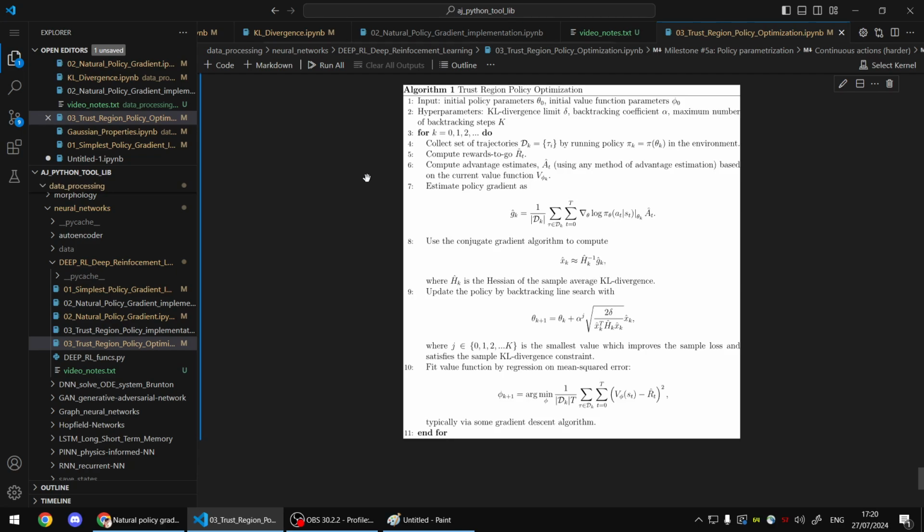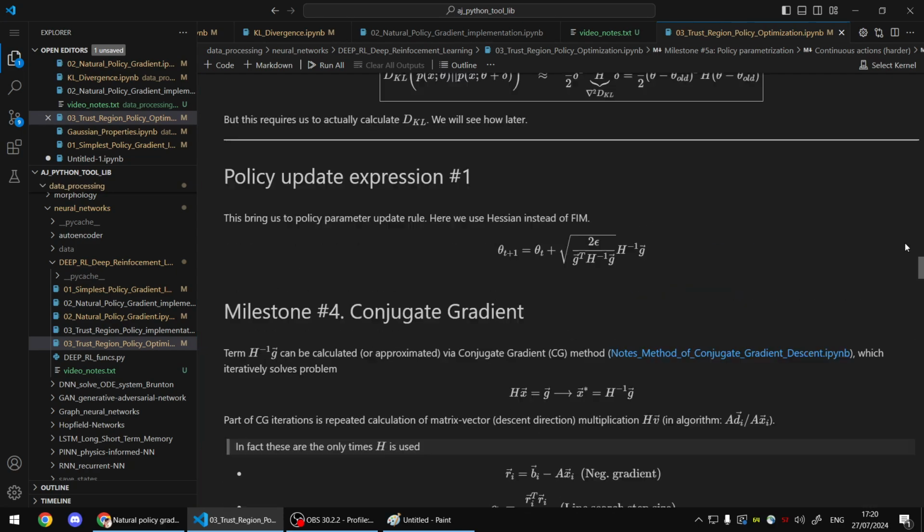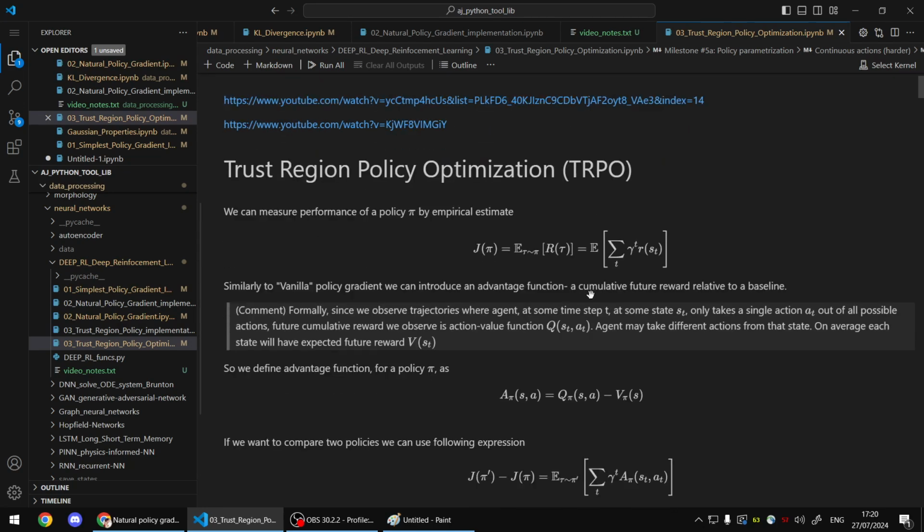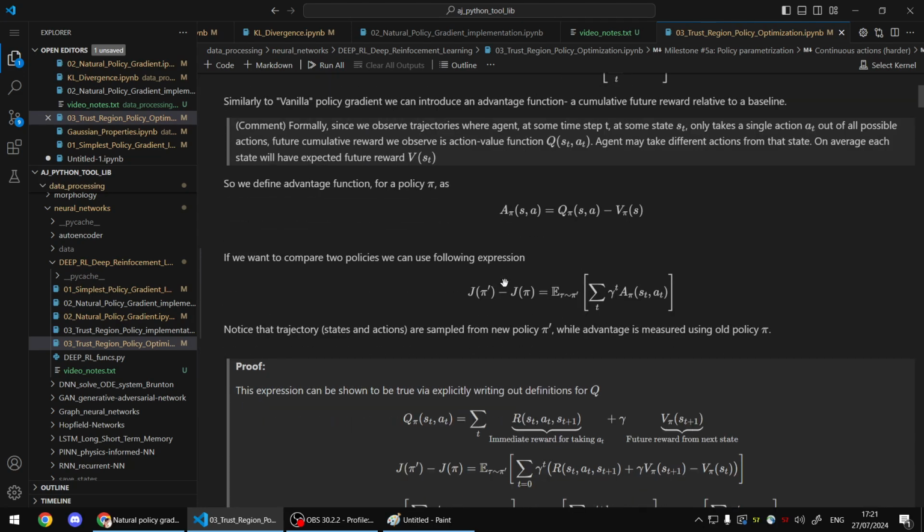So in the next video, as I said, we will go over the theory of how TRPO is derived. It's basically derived using the same loss, the same performance measure, but then it's derived further using this expression, which was not apparent to me, what it does and why it's used, and it's not intuitive.